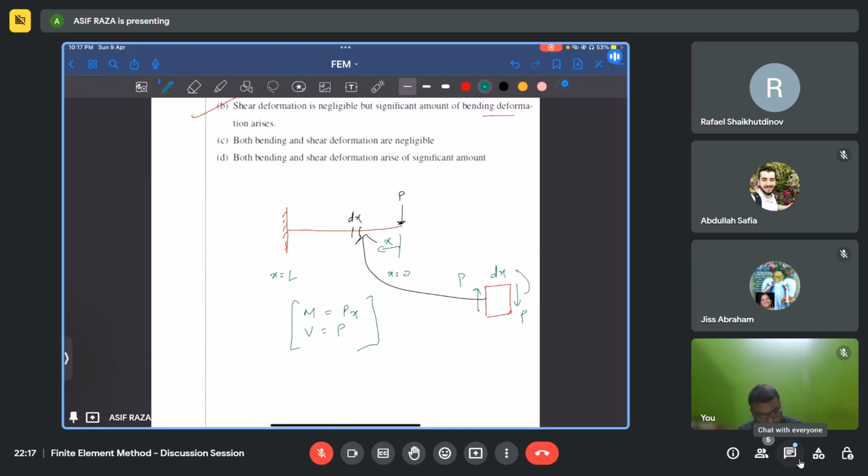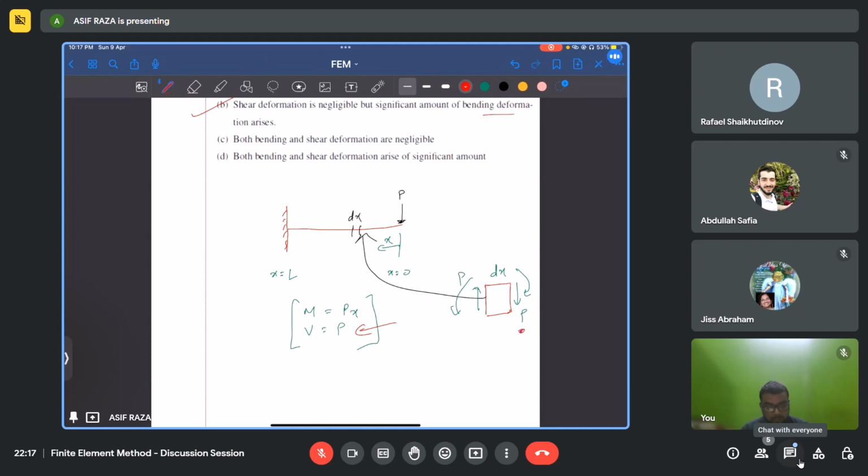And there would be some moment here. So finally, there would be some bending moment in this section, but the shear force will cancel it out. Because if you see, my shear force is constant all throughout this section.